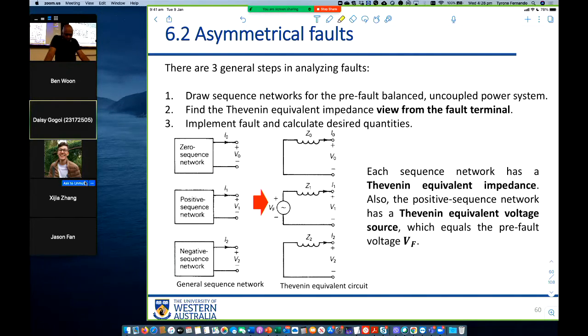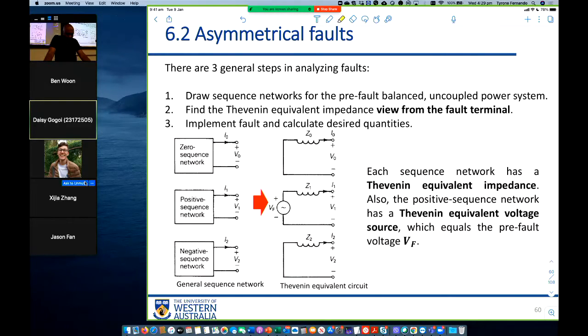On the left, we have the zero sequence network, positive sequence network, and the negative sequence network, right? Where the fault occurs, we obtain a Thevenin equivalent at the fault terminal. So for the zero, positive, and negative sequence networks, we have the Thevenin equivalent, which will look something like the one on the right. Each sequence network has a Thevenin equivalent impedance.